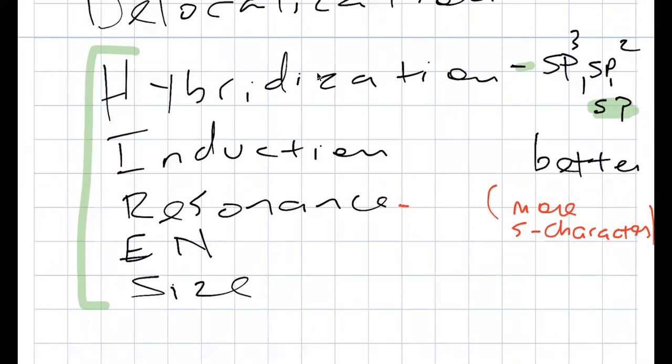Okay, I feel like resonance is basically trying to share the charge. So it's a sharing of electrons or sharing of charge through overlapping orbitals, right?